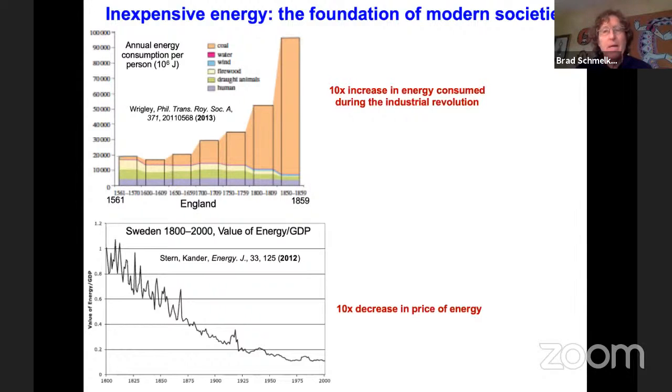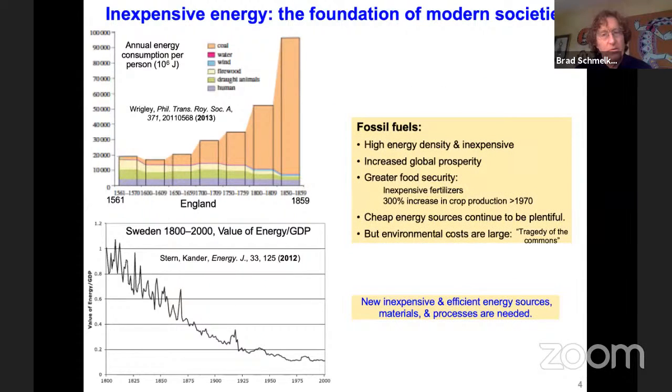And that's because these fossil energy sources are inexpensive and they have high energy density. They are directly responsible for our prosperity globally, and for at least a great reduction in world hunger because of greater food security, because of inexpensive fertilizers, thanks to another important heterogeneous catalysis application, the Haber-Bosch reaction.